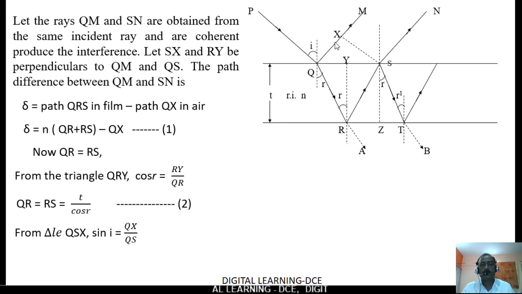From the triangle QSX, we can define sin I. Sin I equals opposite by hypotenuse. Opposite is QX, hypotenuse is QS.